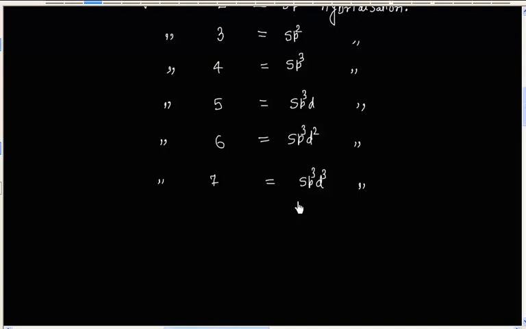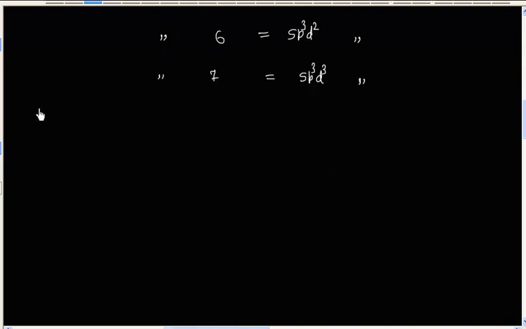Once you have counted the number of groups, if the number of groups is 2, hybridization will be sp. If it is 3, hybridization will be sp2. Similarly, we can have 4, 5, 6 and 7 groups. Let us do some examples to understand things.